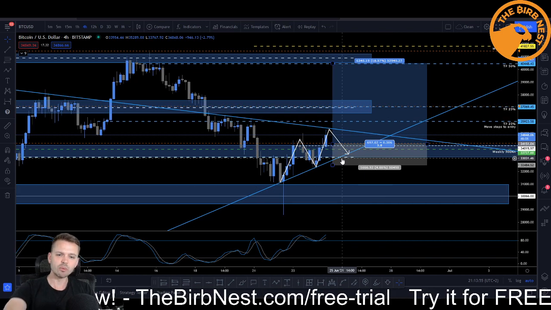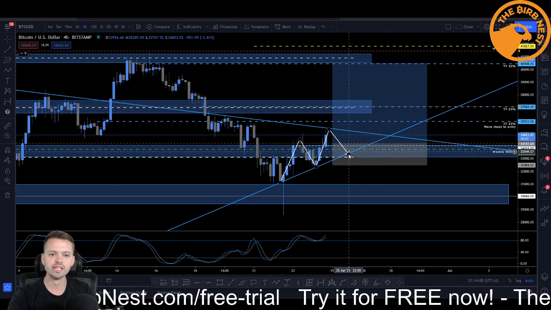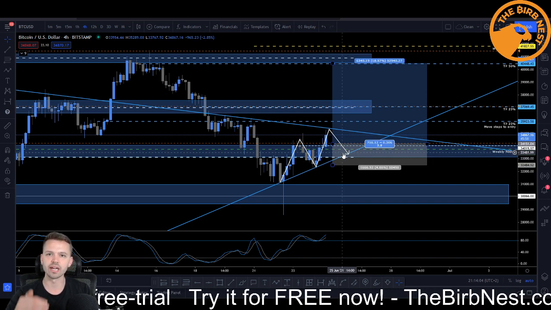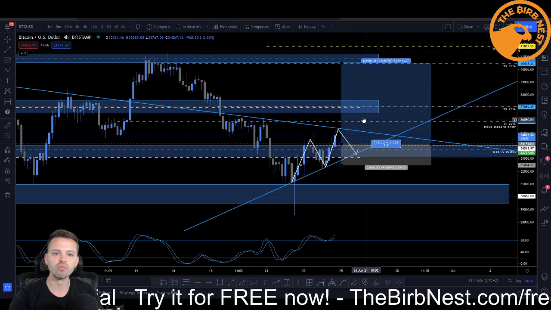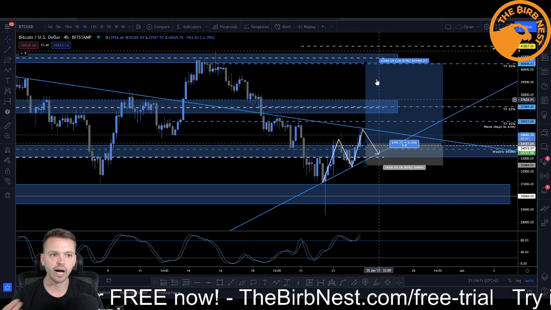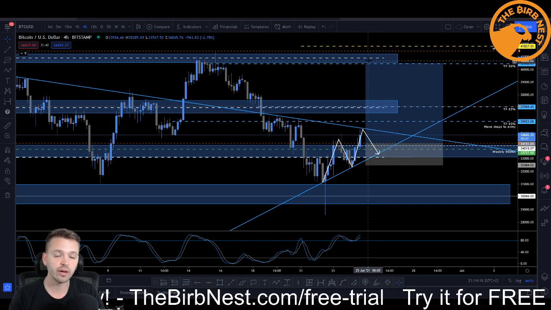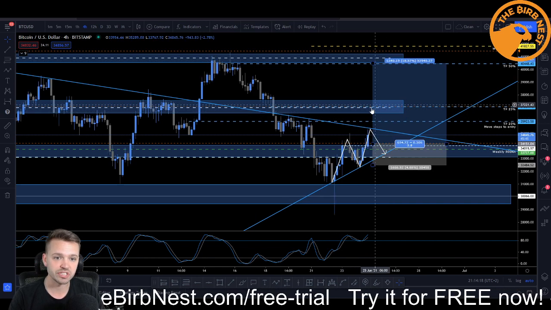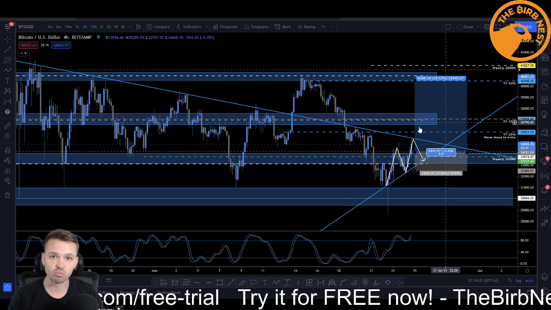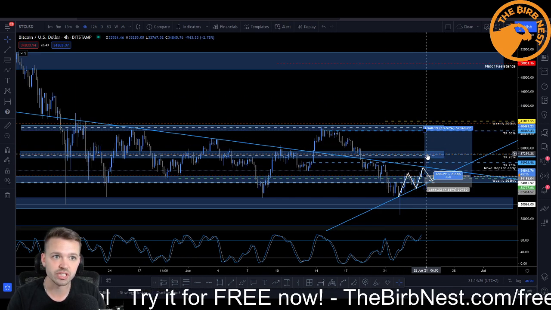So I would love to see a retrace down to this level, the third retest of the trend line, a nice little bounce here to create a higher low, and then a move up towards the range for a full range resolution up to the range high area at around 41k. Expect some resistance at the 37k. It's the range EQ area, the middle of the range, so expect that area to act as resistance.